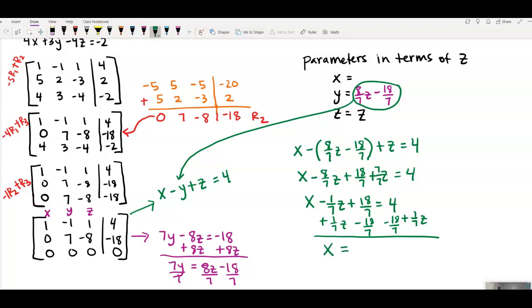So when you do that, right, so 4 minus the 18/7, let's see, so we'd have 28/7 minus 18/7, so that's going to give us 10/7. And then I still have that 1/7 z. Holy frijoles, right?